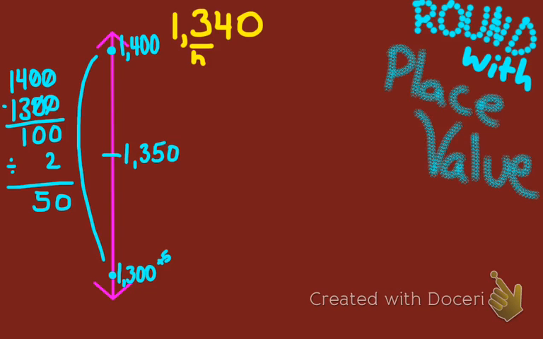In this case, the number is 1,340. We know that 1,340 has to be in between 1,300 and 1,400. What we also know is that 1,340 is smaller than our midpoint, so we would put it somewhere around here.